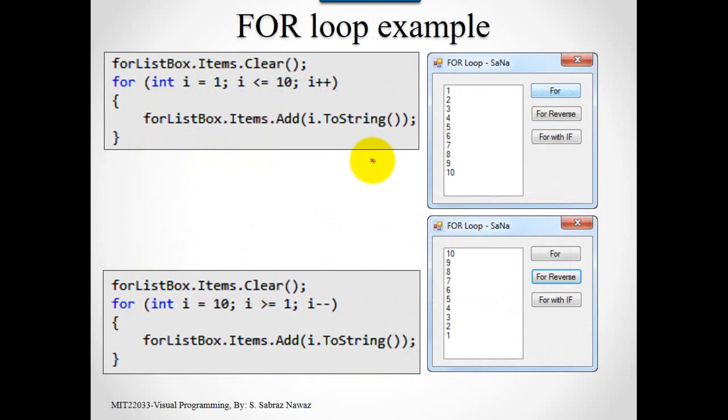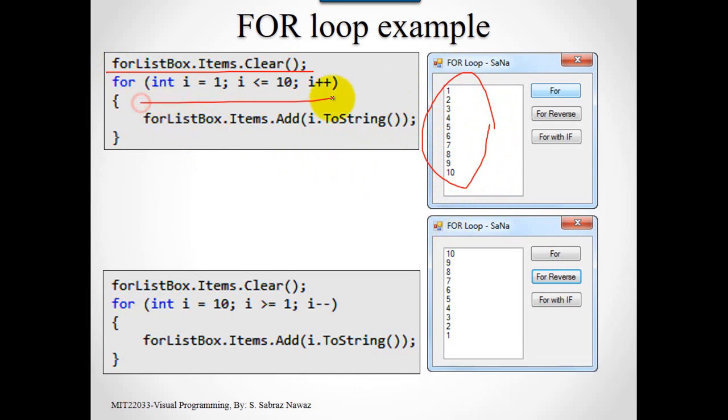A simple example based on our previous example: adding numbers from 1 to 10, or 10 to 1, is done here. So initially we clear the list box. For listBox.Items.Clear, so that the existing contents are cleared.